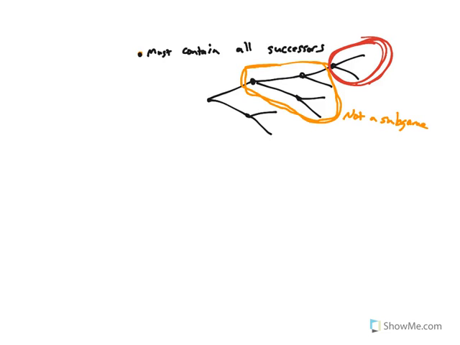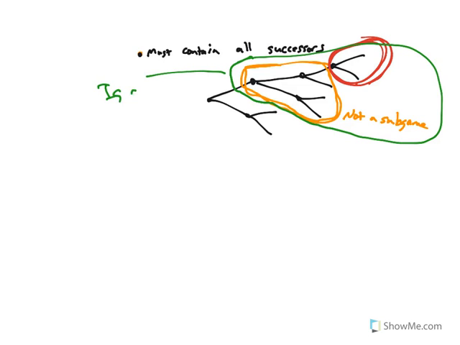There are terminal nodes that aren't included in what I'd circled in orange. So the whole thing is a subgame. There are other ones in that game as well. In fact, there's a whole bunch of subgames, but that one is a subgame.